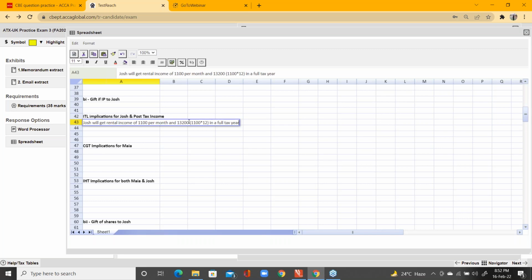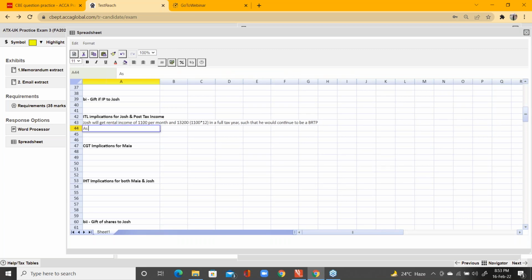Still Josh will be a basic rate taxpayer. Going to add the same point over here: J will get rental income of 1100 per month and 13,200 in a full tax year, such that he would continue to be a basic rate taxpayer.